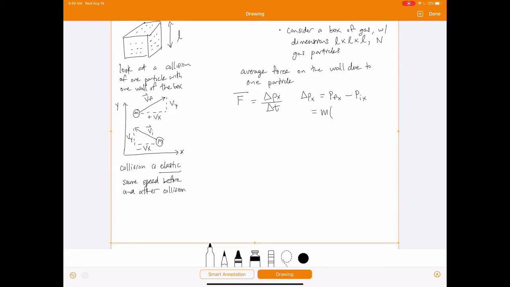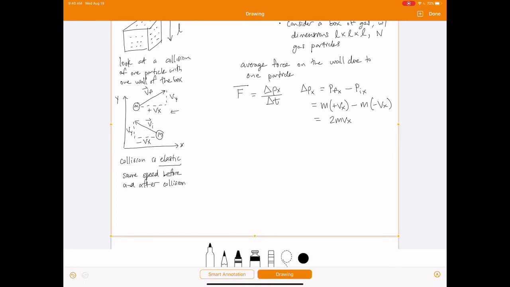So the final momentum, I should say, is mass times plus Vx, because again, that's our final momentum over here. And our initial momentum is mass times negative Vx. So anyway, this is how we write the change in momentum that the particle undergoes because it crashes into the wall. So these two negative signs cancel. And overall, we just get 2 times m Vx. That's how we express the change in momentum.